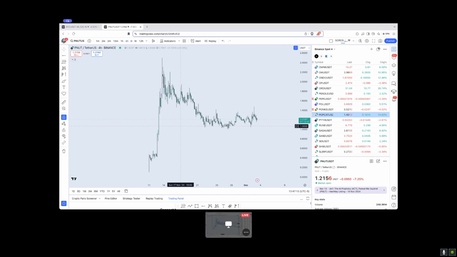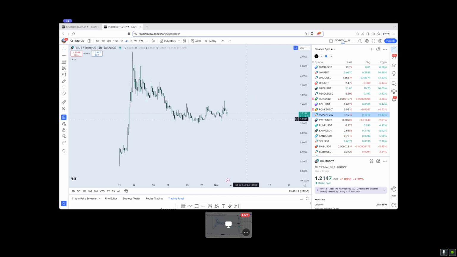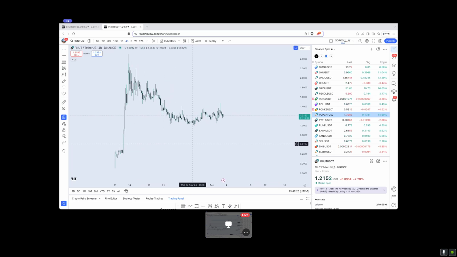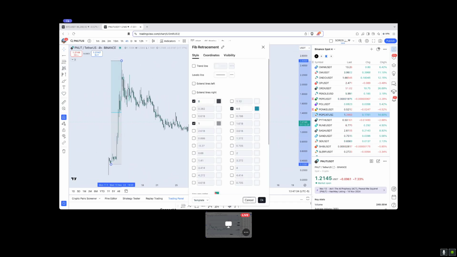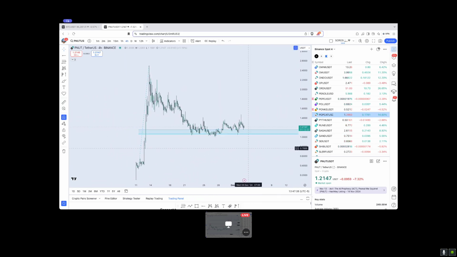That looks good. If this holds, this would be accumulation, right? It could go lower. If this was a utility coin, then you would target the lower imbalance. But it's a meme. So if the meme is in a 618, you're in a pretty good space. Yeah, it looks good here.